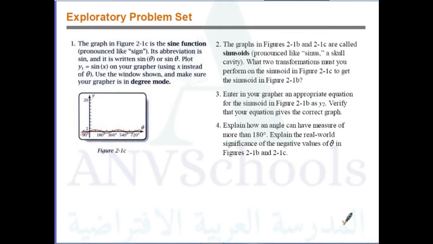So the graph that you see in figure 2-1c is the graph of a sine function. The sine function is abbreviated as sin. As an introduction to trigonometry, this is the sine function, and it's one of those periodic functions.